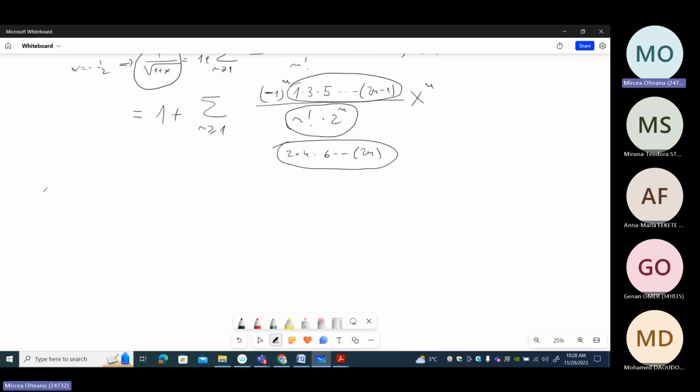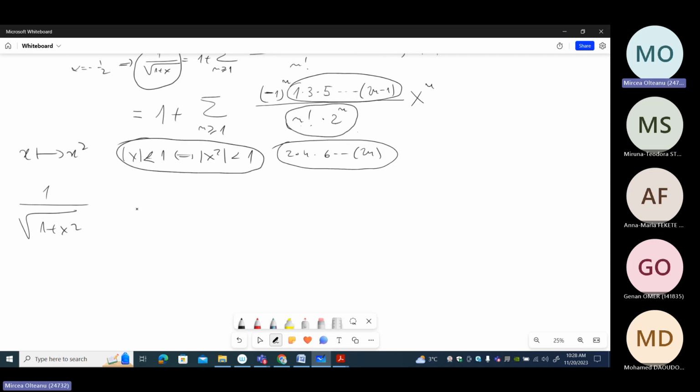Now, to get 1 over root of 1 plus x squared, we shall put x squared instead of x. This is possible because, attention, modulo of x less than 1 is equivalent with modulo of x squared less than 1. Otherwise, we might make some changes in the domain of convergence. But this is not the case here.